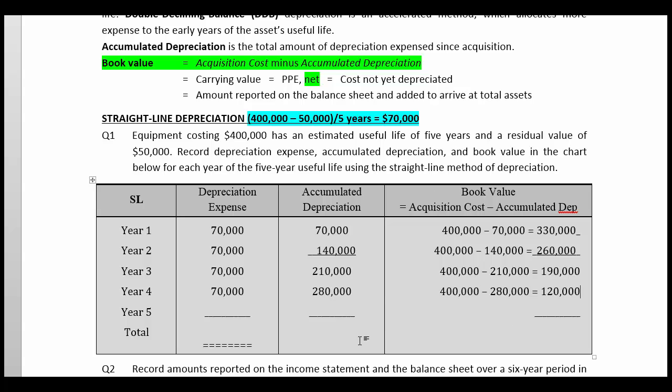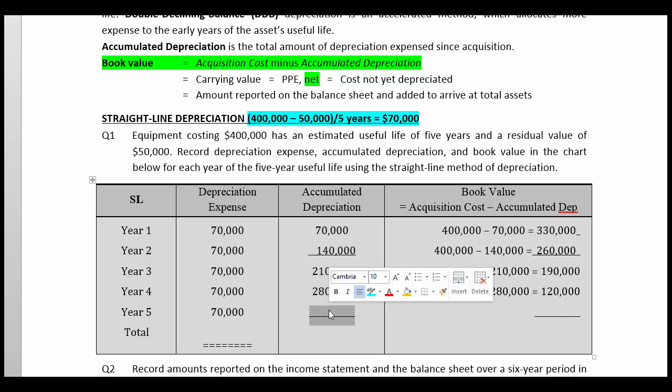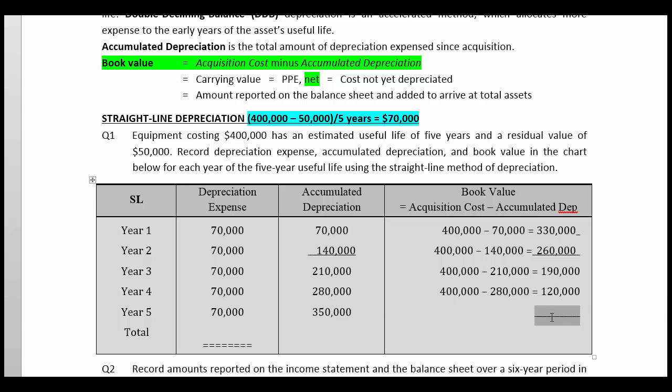This is the best part. Watch this. Depreciation expense in year 5 would be 70,000. Accumulated depreciation is 350,000, and therefore book value would be equal to 400,000 minus 350,000 equals 50,000. And what was the residual value? Residual value, we said, is 50,000.